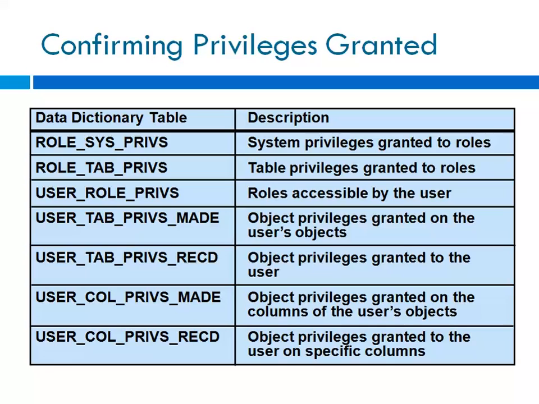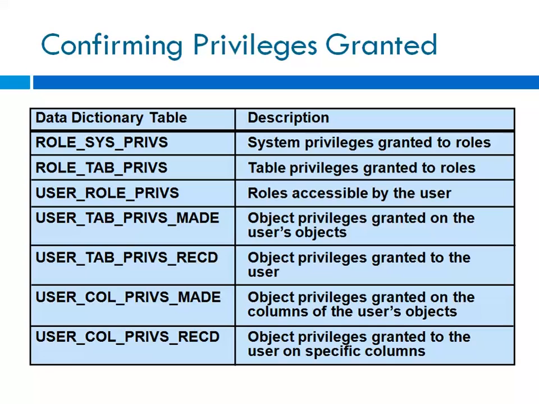Then user_tab_privs_recd: if some other user has given privileges to me on his data objects, then all those privileges that I have received will be stored in my database's user_tab_privs_recd data dictionary table.